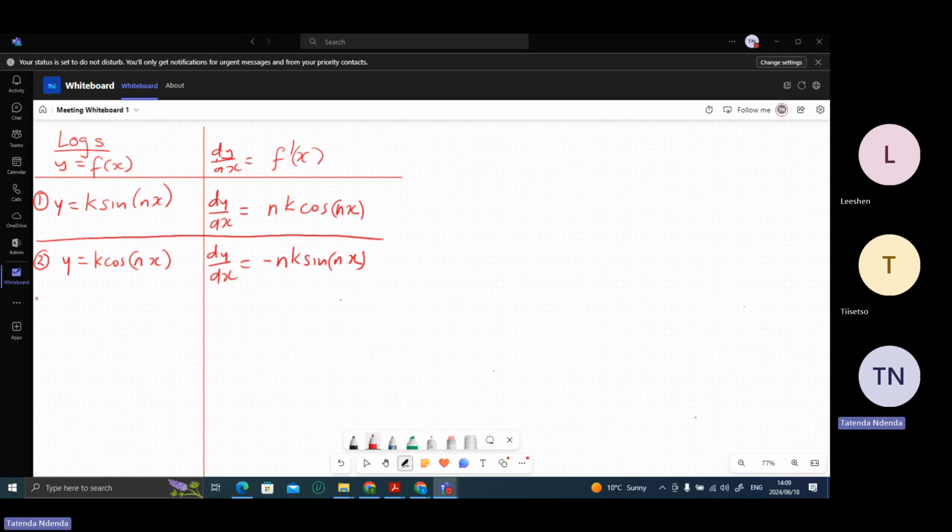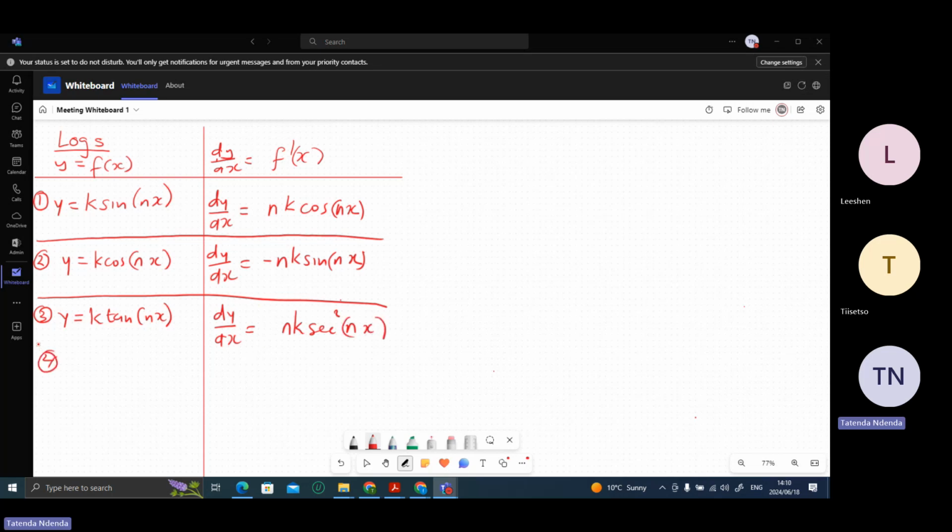Then we also have number 3, whereby we're saying y equals k tan nx. You also write these ones down, guys, right? Dy over dx will be equal to n k sec squared nx.